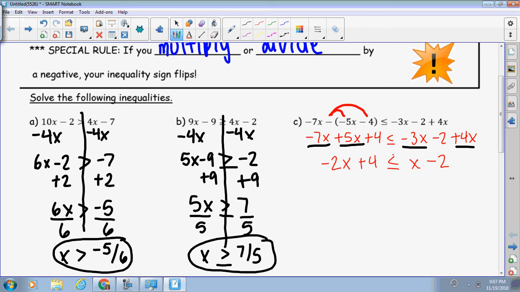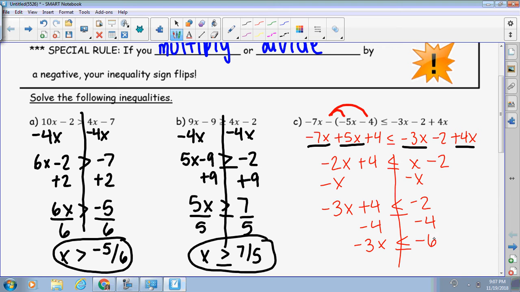And now I'm going to draw my line, move over my positive x. Negative 2 minus 1, that's negative 3x plus 4 is greater than or equal to negative 2. How do I move the plus 4? I'm going to subtract it. So I get negative 3x less than or equal to negative 6.